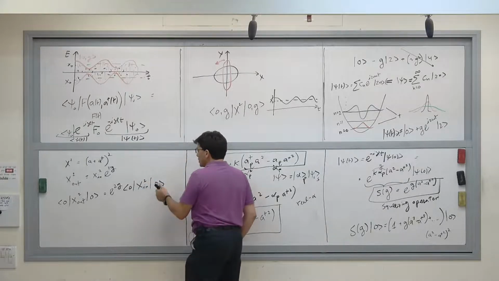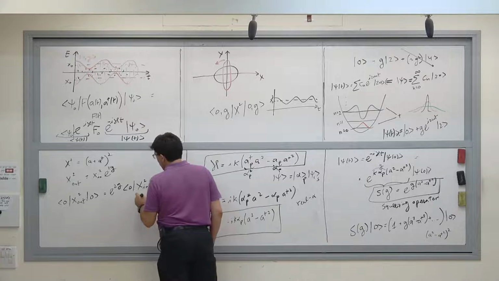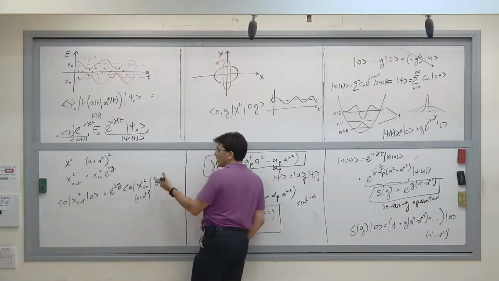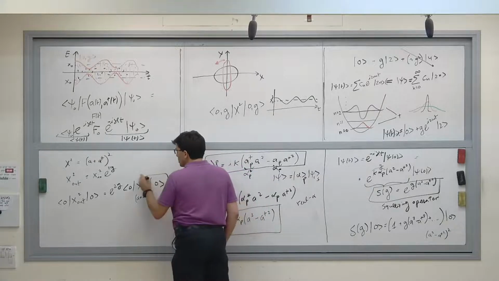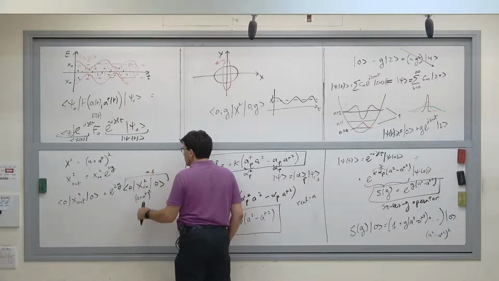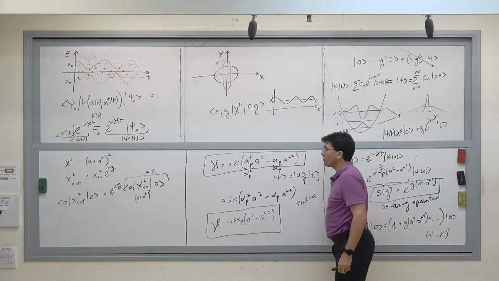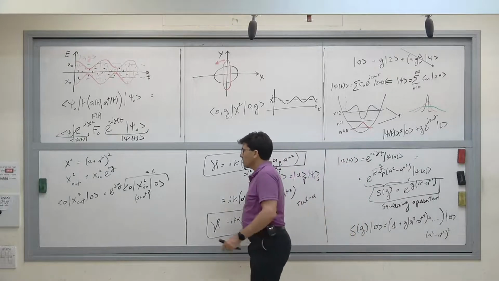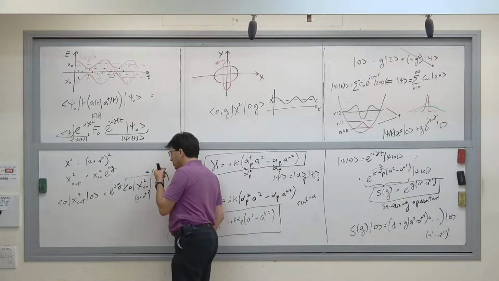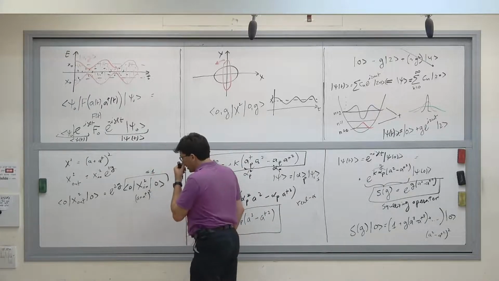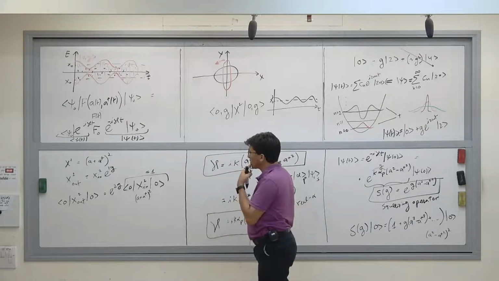And this we know what it is, because this is indeed a plus a dagger squared. Let's call it 1, or what we call the vacuum level. So in this case, this quadrature is the stretched quadrature.